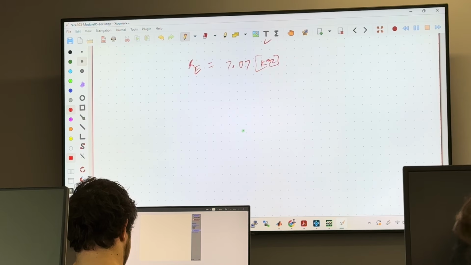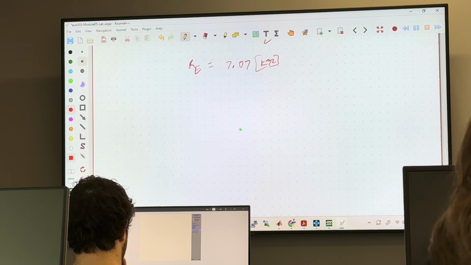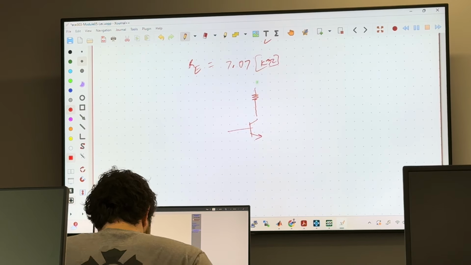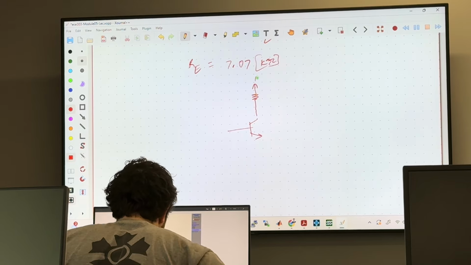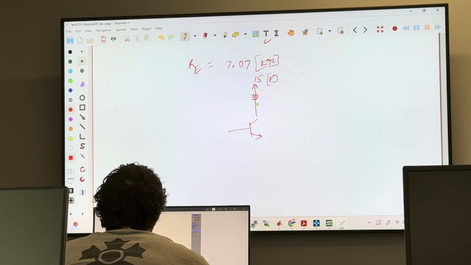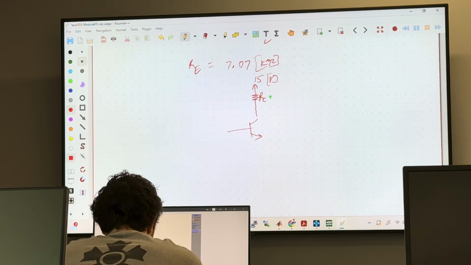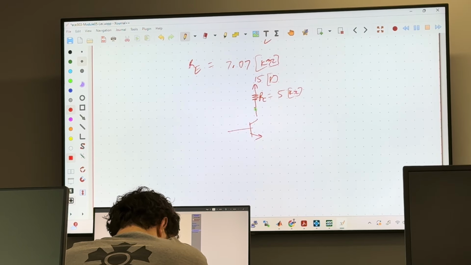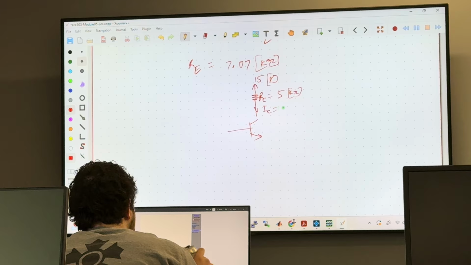So our complete circuit is as follows. This was 15 volt. RC equals how much? 5 kilo. IC would be 2 milliampere.